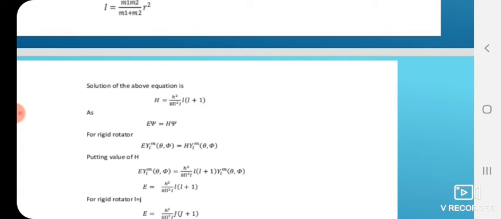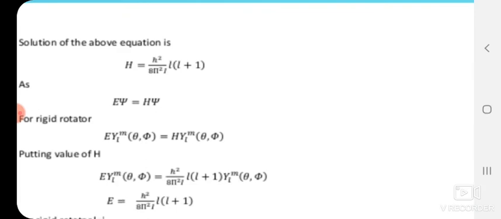This solution can be found with the help of Schrodinger's time dependent wave equation: E psi is equal to H psi for rigid rotation, E psi L ml (theta, phi) is equal to H psi L ml (theta, phi), where psi is a function of theta and phi.